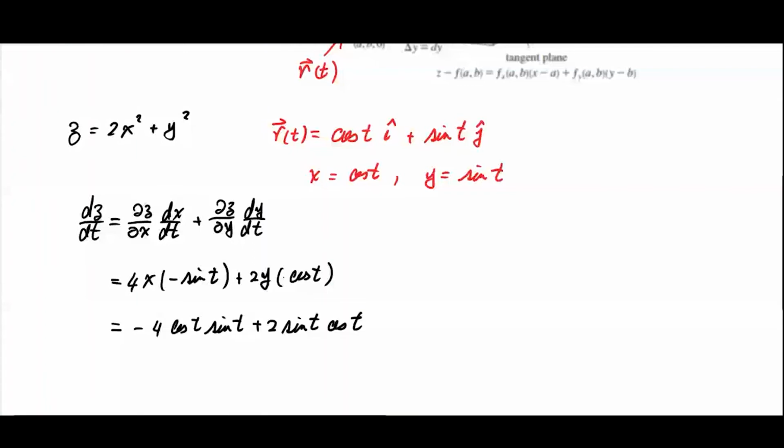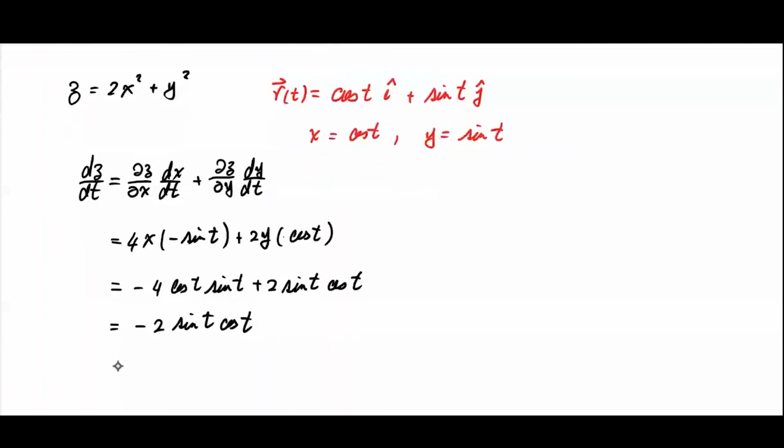You get it? So in total we have negative 2 cosine t sine t. And of course you remember this is the same as negative sine 2t. Beauty, a sinusoidal function as we expected. So at any t value, this tells you the slope of this curve.